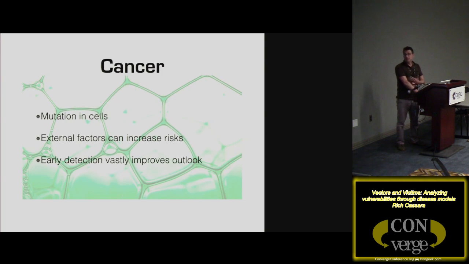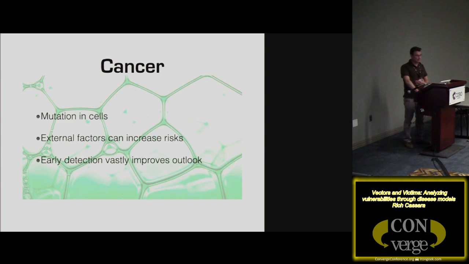Some cancers are just going to happen, and there's nothing you can do. Some are exacerbated by external factors, obvious examples like lung cancer for smokers. But with earlier detection, the sooner you know there is a cancerous mass, the better the outlook is at getting it cleared out and having a normal rest of your life.